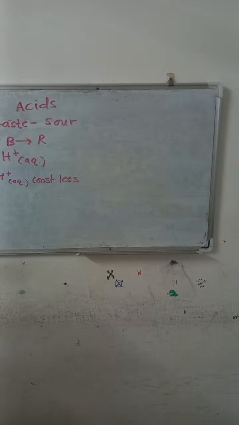Then if CO2 is passed further, the milkiness disappears, it vanishes. So these are some examples of the acids. Very important. They contain H plus aqueous ions, and blue litmus turns to red.